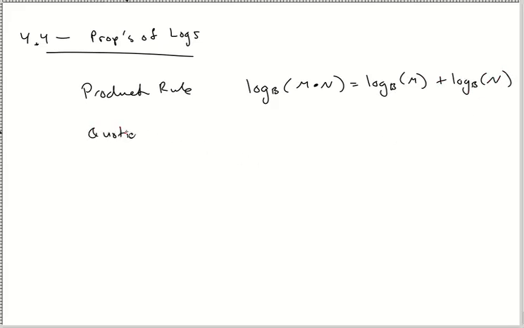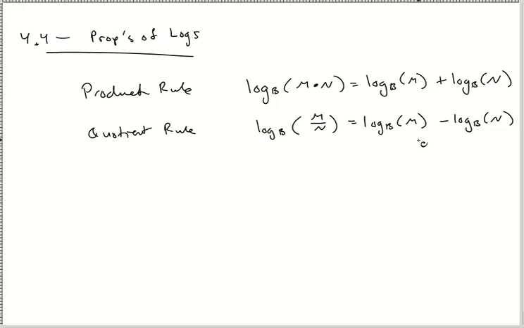We've got the quotient rule, which would be log base b of m over n, equal to log base b of m minus log base b of n. Notice that whenever we have a division, we have a minus. A multiply results in a plus sign.